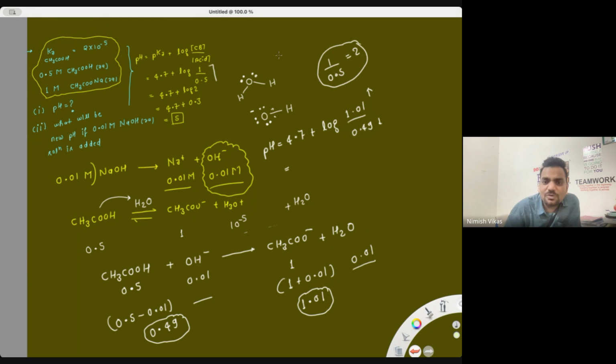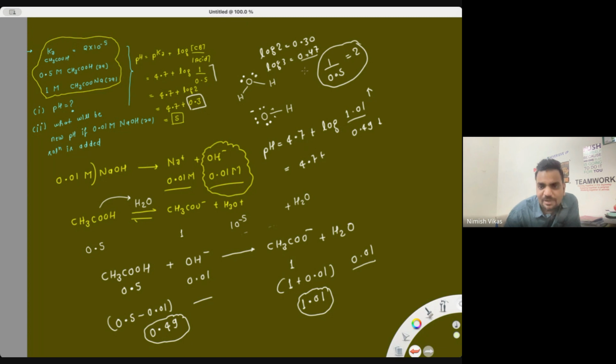How much is log 2? Log 2 is 0.3010, so 0.3. Log 3 is how much? 0.47. So this whole value will not be even 0.47. Earlier, how much was it? It was 0.3. So it was 4.7 plus 0.3 earlier.